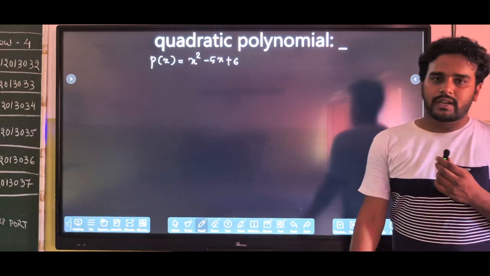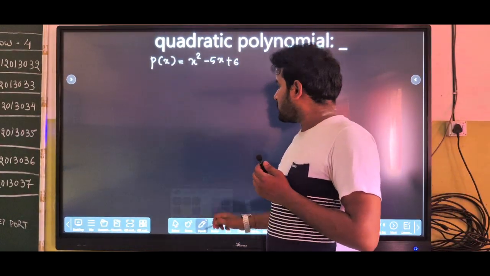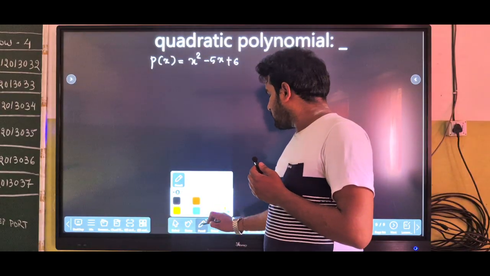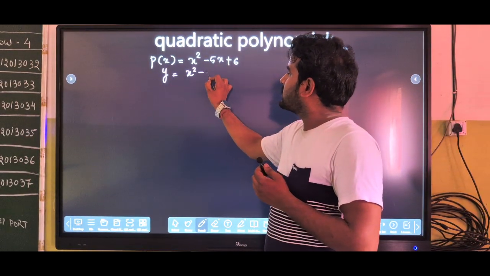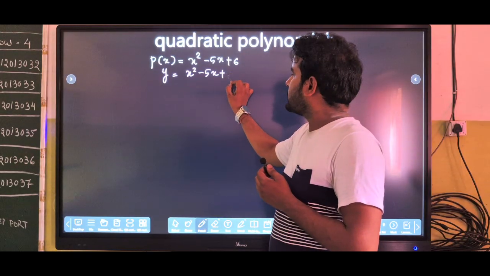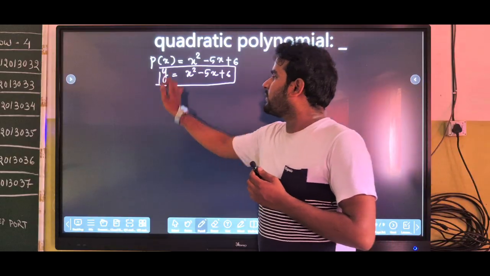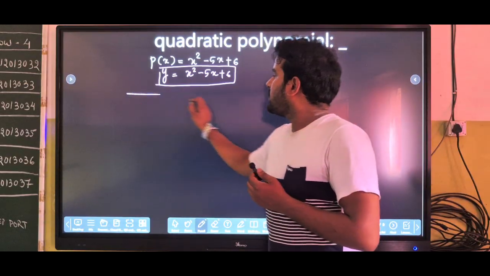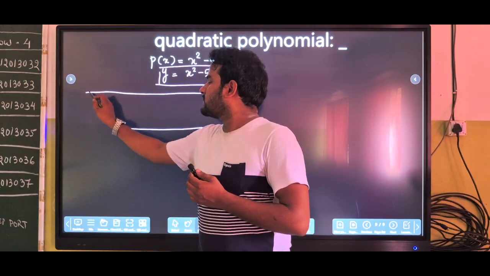This is definitely a quadratic polynomial. I have already told you p(x) will be taken as y. So y is equal to x square minus 5x plus 6. The x value will be input and y will be output. Let us make one box. As it is, it may not be straight.